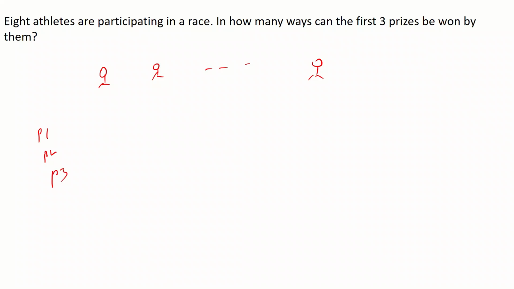Now they're asking in how many ways can the 3 prizes be won? How many such possibilities are there? How many such ways are there? Okay, so there are 2 ways of thinking about it. One way will not lead you to the answer, so I'm just telling this to you so that you can understand what is the correct way and what is the incorrect way.